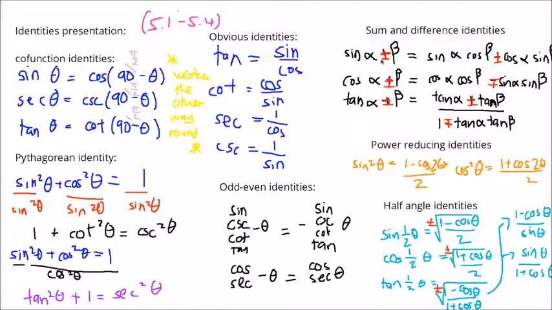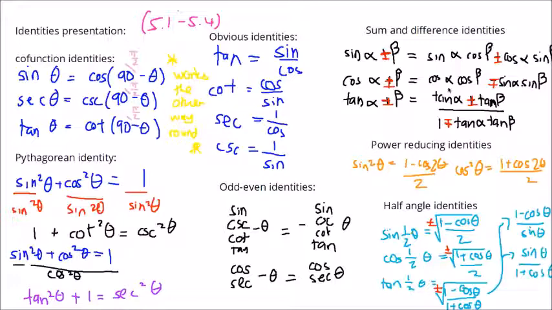These sum and difference identities take a little bit more effort to prove. I'm not going to prove them in this video, but these are the identities. For sine of alpha plus or minus beta, sine is the same sign, right? You can remember it because sine is the same sign.